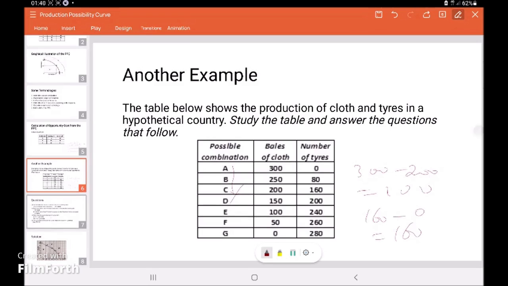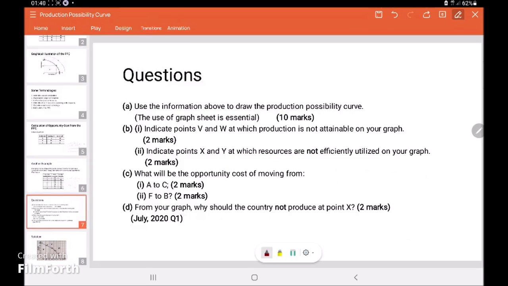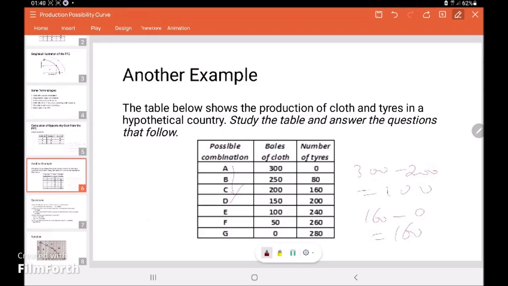Then the next question we want to look at is F to B. So you are now moving in the opposite direction, from F to B. You are now moving upwards from F to B. So let's see F to B. What are you sacrificing here? You are increasing from 50 to 250 for bales of cloth, and then you are decreasing from 260 to what? To 80. So in order to gain 200 units, 250 minus 50, that gives us what? 200.